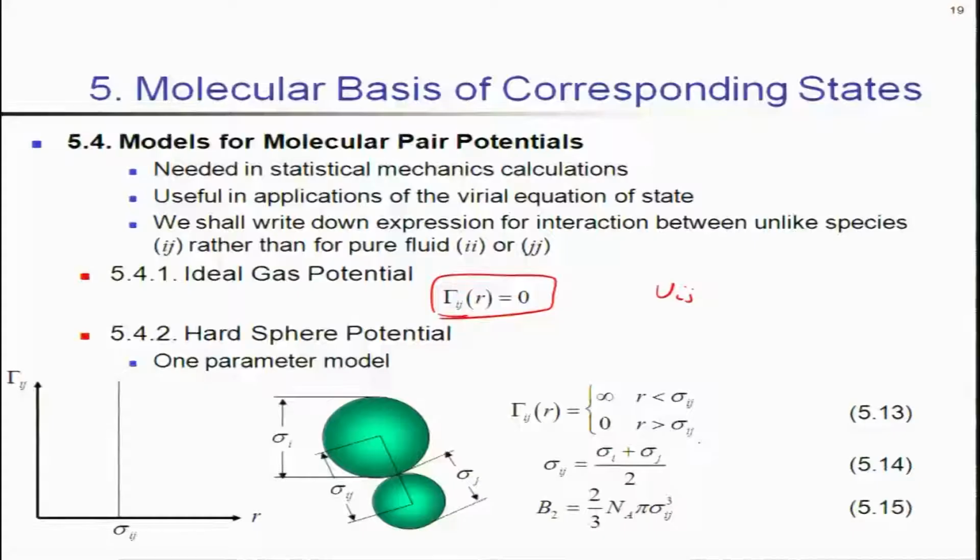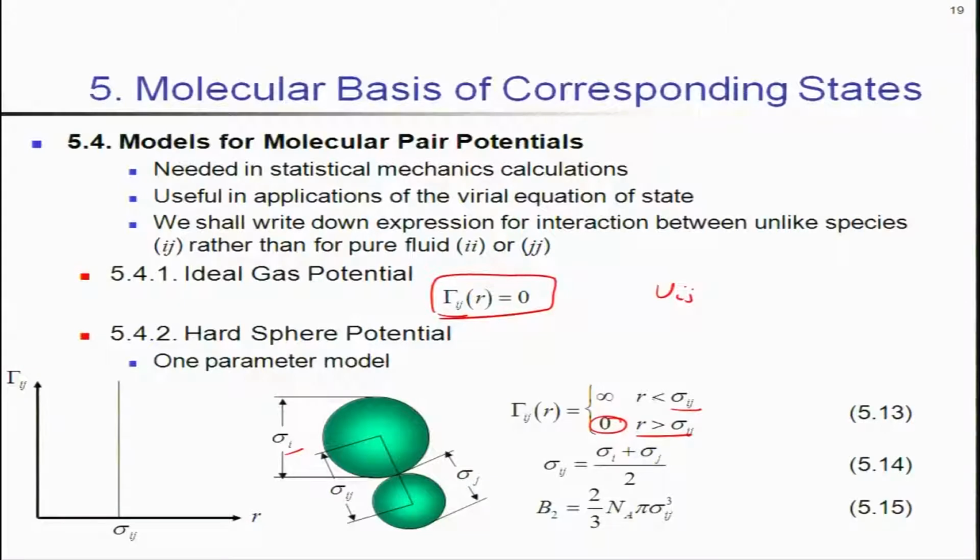The other most common potential model which is used in statistical mechanics is basically the hard-sphere potential model. In this case, it is like a billiard ball, where elastic collisions occur, and thus there are two parts of the potential depending on the contact of the particles. If the particle is of type i and this is of type j, and they are separated by more than the center-to-center distance sigma ij, in that case the potential is 0.